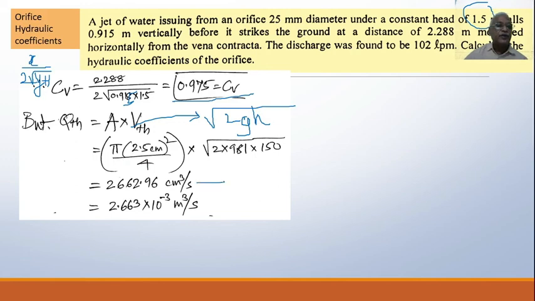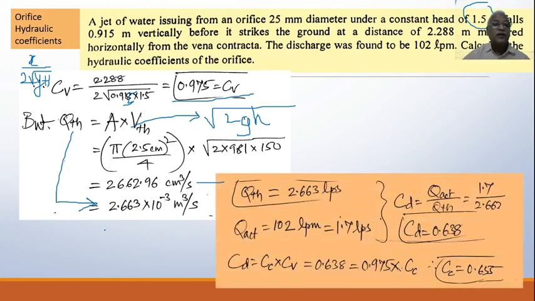So in centimeter cube it will be this much. If you divide by 100 raised to 3, you get 2.663 into 10 raised to minus 3 meter cube per second. Q theoretical is fine, 2.663 liter per second, right?